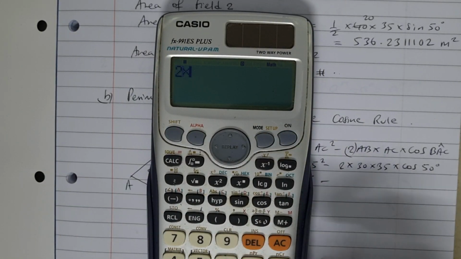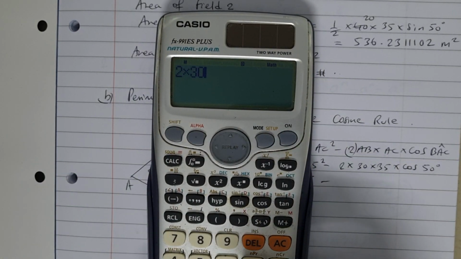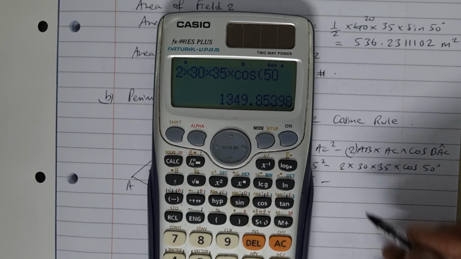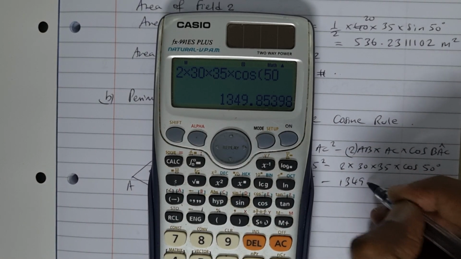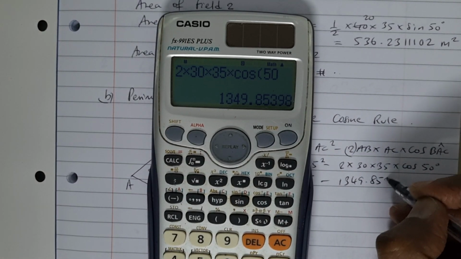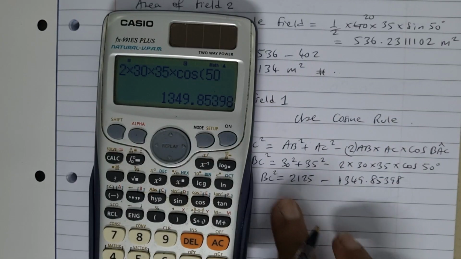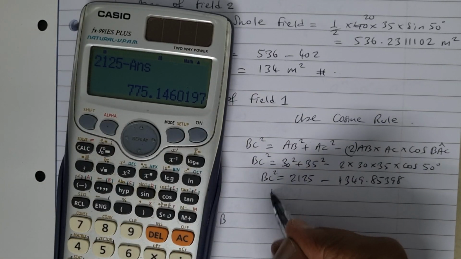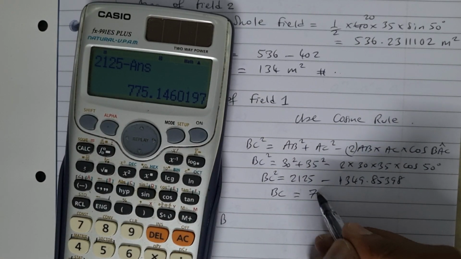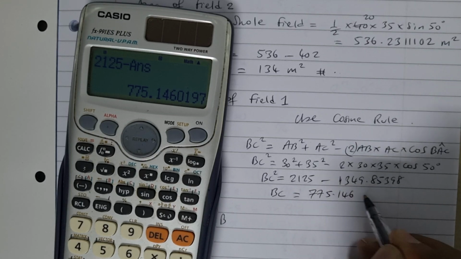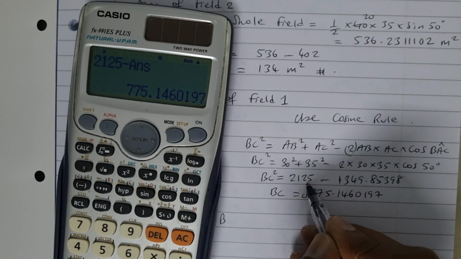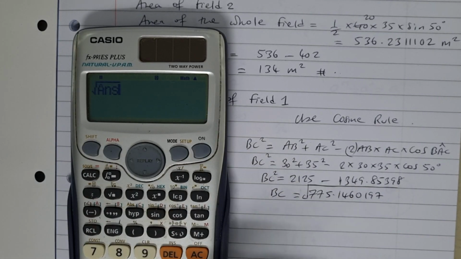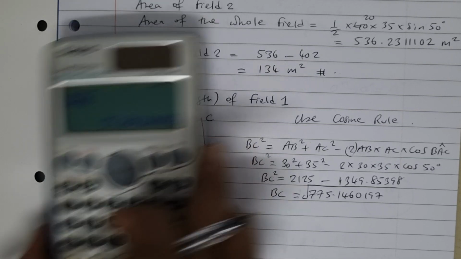Then 2 times 30 times 35 times the cos of 50 comes to 1349.85398. Now 2125 minus what we just got, and we come up with BC squared equal to 775.146097. Take the square root of that, and that gives you 27.841444.